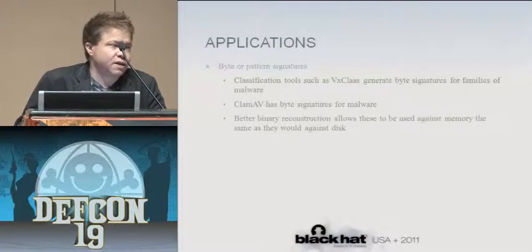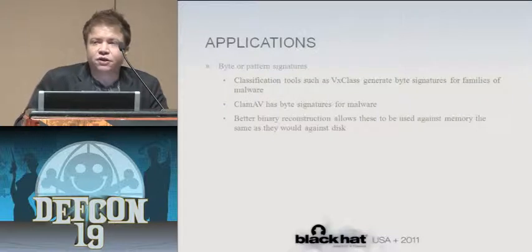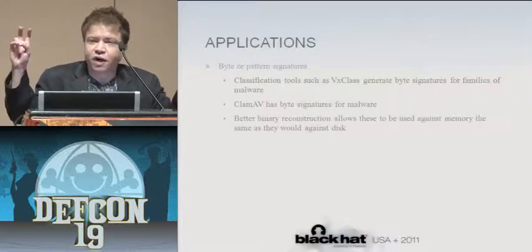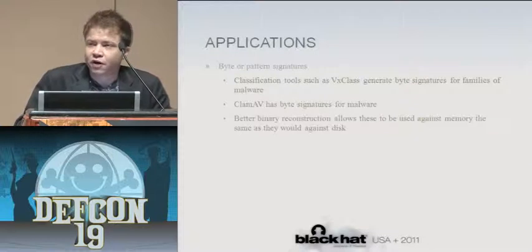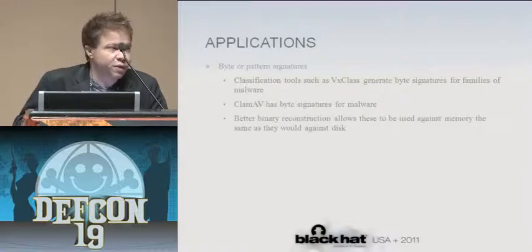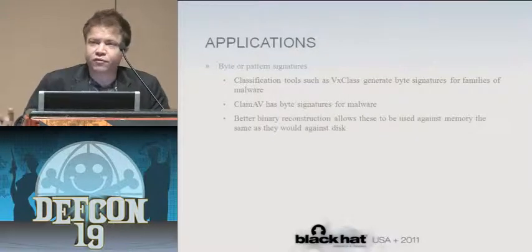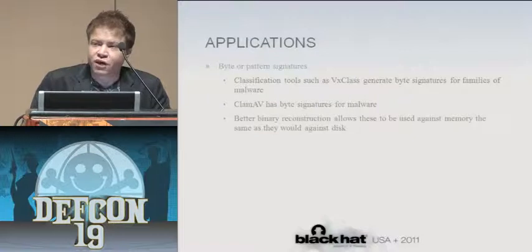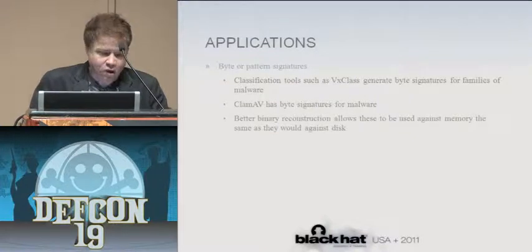The last time I downloaded ClamAV, they released 40 signatures that they classify as byte pattern. I didn't look at what the database is and what those signatures represent, but there are 40 signatures in there that we'll now be able to use in memory analysis. So we're trying to use the tools that we already have and apply them in a triage scenario.